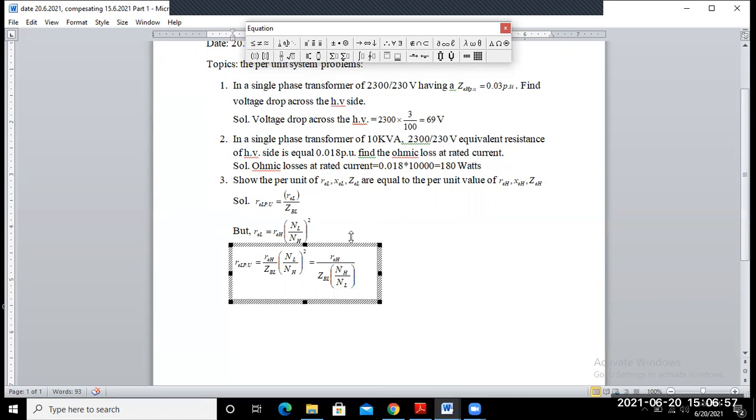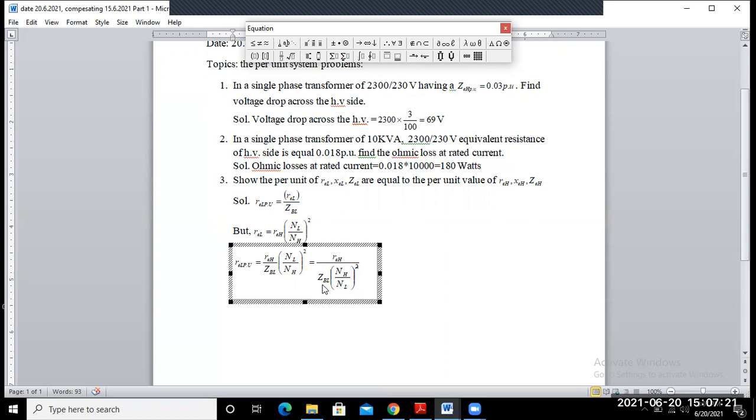So this one we can write as R_EH by the base impedance on the high voltage side.